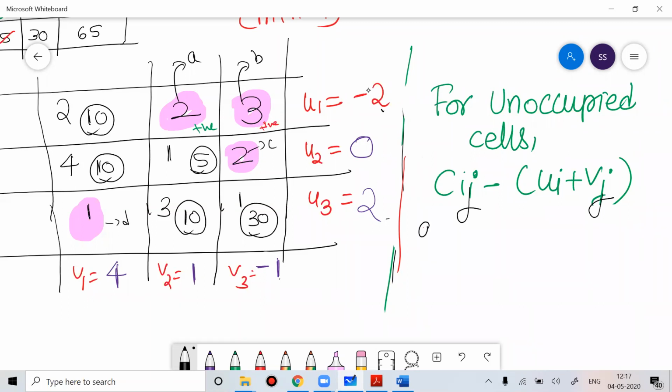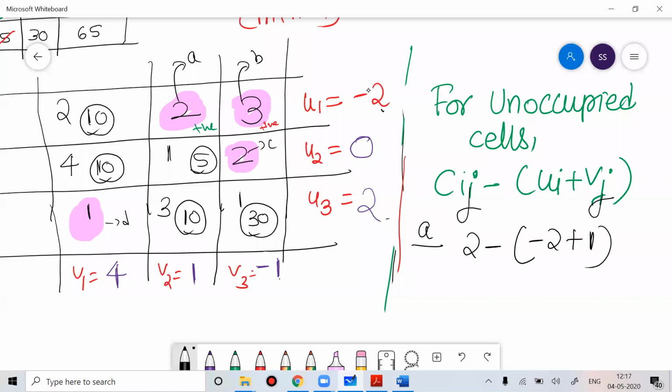Let's take the first cell, A. What is the cost for that? A is A12. The cost is 2. 2 minus, what is the corresponding u value? Minus 2. What is the corresponding v value? Plus 1. I hope this is clear with everyone.